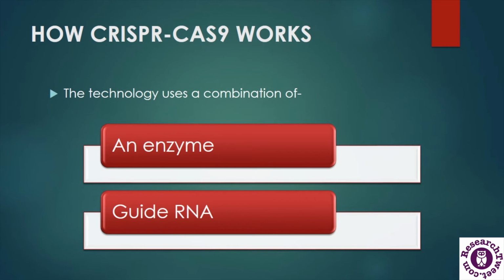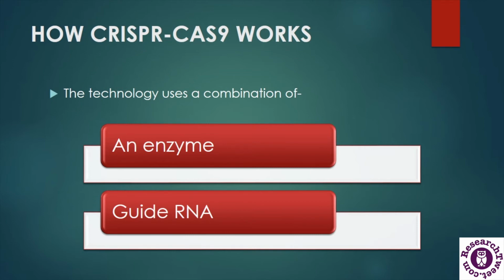So this guide RNA is the part which binds to DNA, and the pre-designed sequence of this guide RNA guides Cas9 to the right part of the gene, and this makes sure that the Cas9 enzyme cuts at the right point of the genome. So in this technology the guide RNA guides the enzyme to make a cut in a specific sequence.